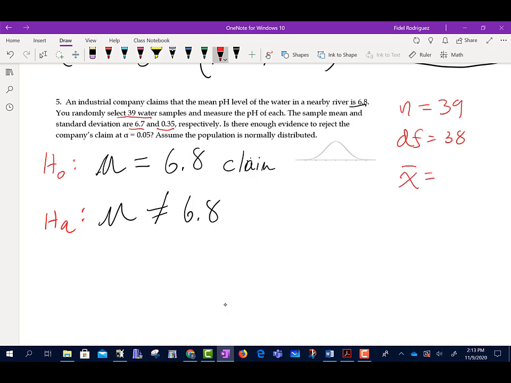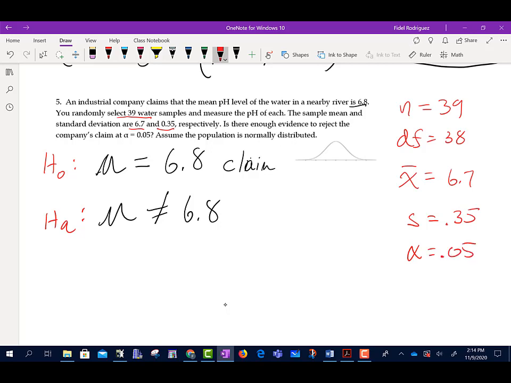So my sample mean is 6.7, and my sample standard deviation is 0.35. And it says, is there enough evidence to reject the company's claim at alpha 0.05? So my alpha here is 0.05.